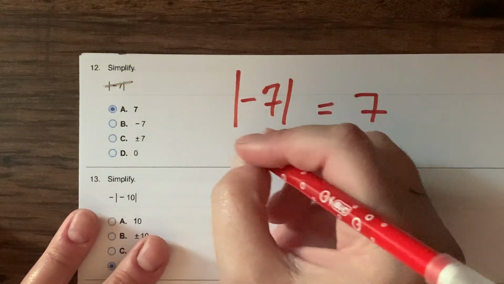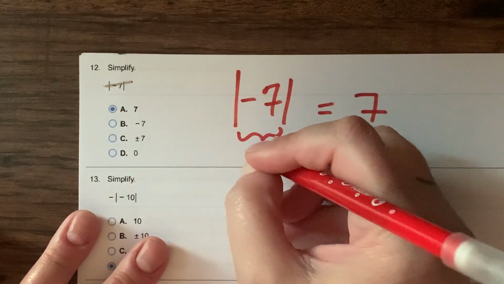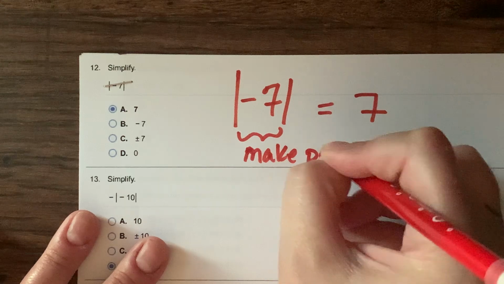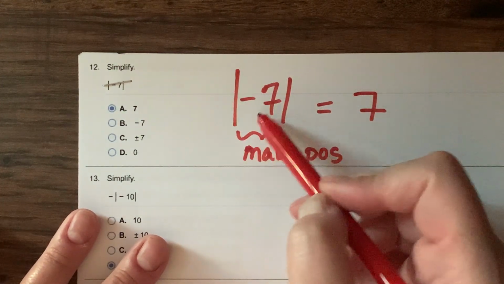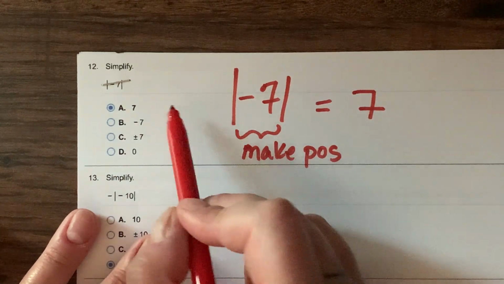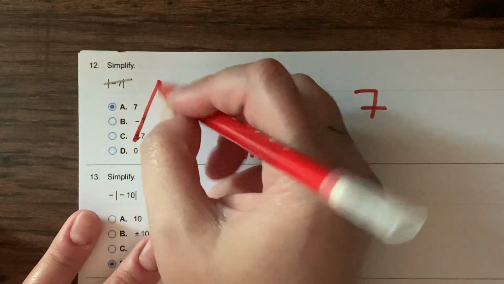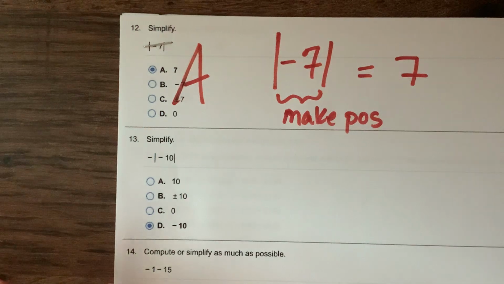Another way to think of it is once you get one single number in the bars, you make it positive. So every time you have a number come out of the absolute value bars, it's going to be positive. Now, if there was a negative hanging out in front of the bars, then it would change. But for now, we just have 7, as in answer choice A.